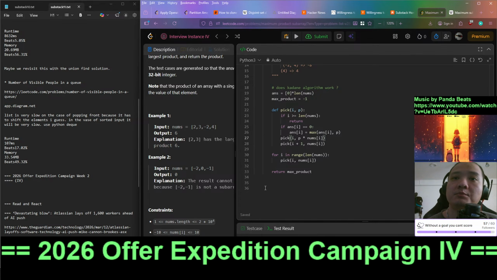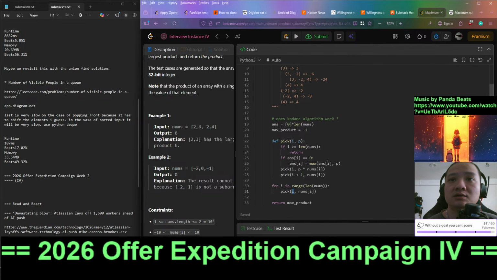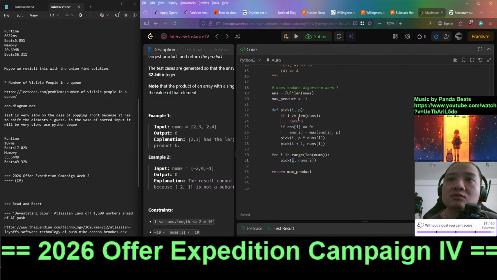If we pick I, if we pick this, then the product starts with... if greater than that, return, make it -1 so that we know, right.